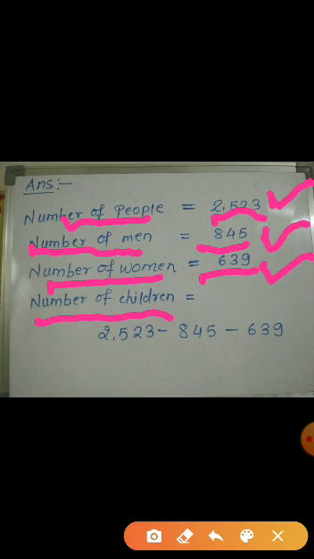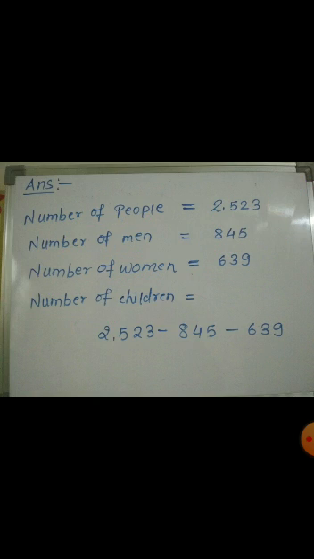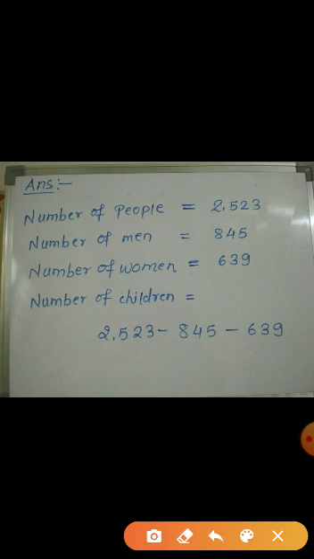So 2523 minus 845 minus 639. Again we have an equation in which we perform the subtraction twice, in two steps. First we subtract the first two numbers, and then we subtract the third number from that answer.